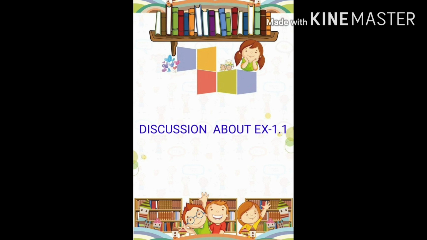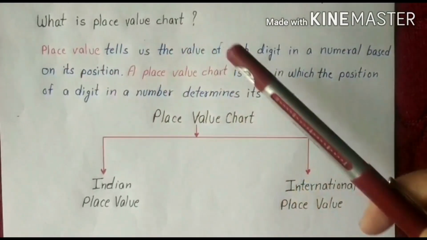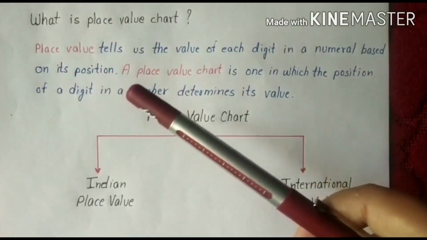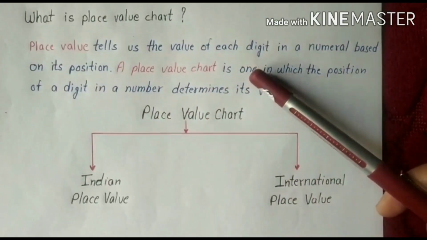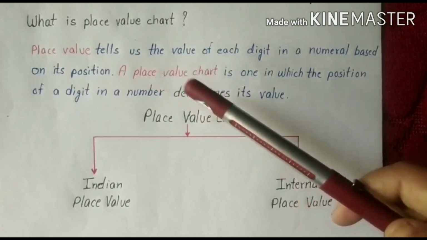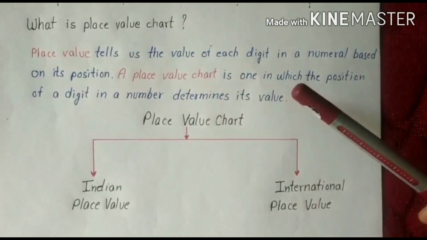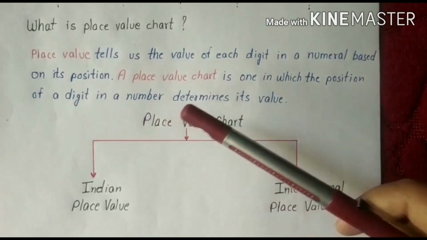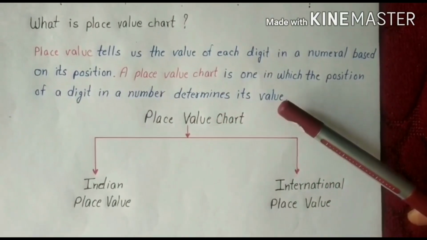Before starting Exercise 1.1, let us understand the place value chart. What is a place value chart? Place value tells us the value of each digit in a numeral based on its position, and in a place value chart the position of a digit in a number determines its value.